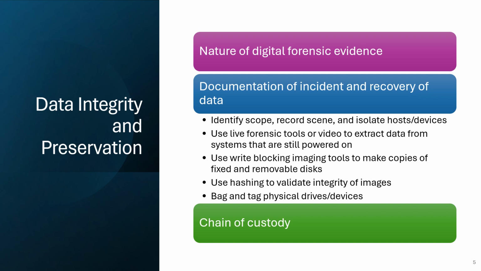Document the physical environment where the evidence resides, like photos, sketches, videos. Three, isolate the hosts or devices. Disconnect affected systems from the network and power down if safe to do so. This prevents further data alteration or potential remote access by attackers.